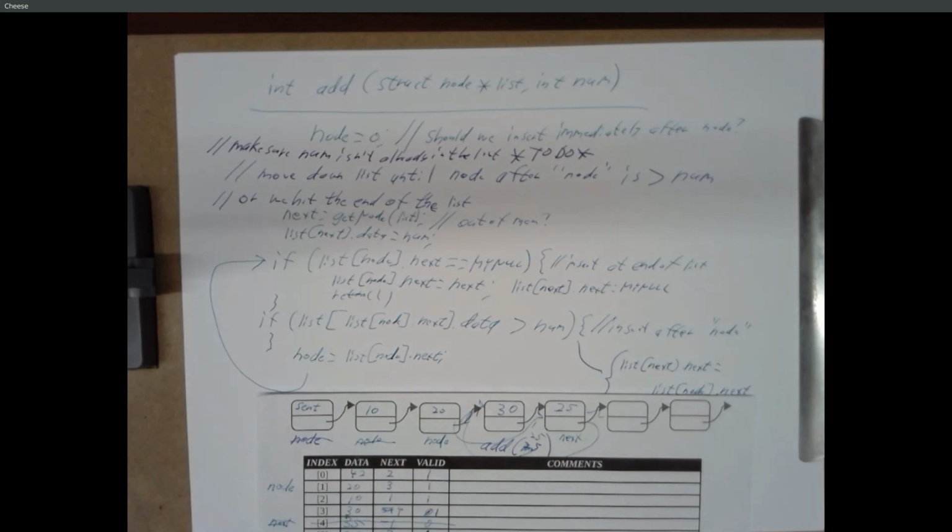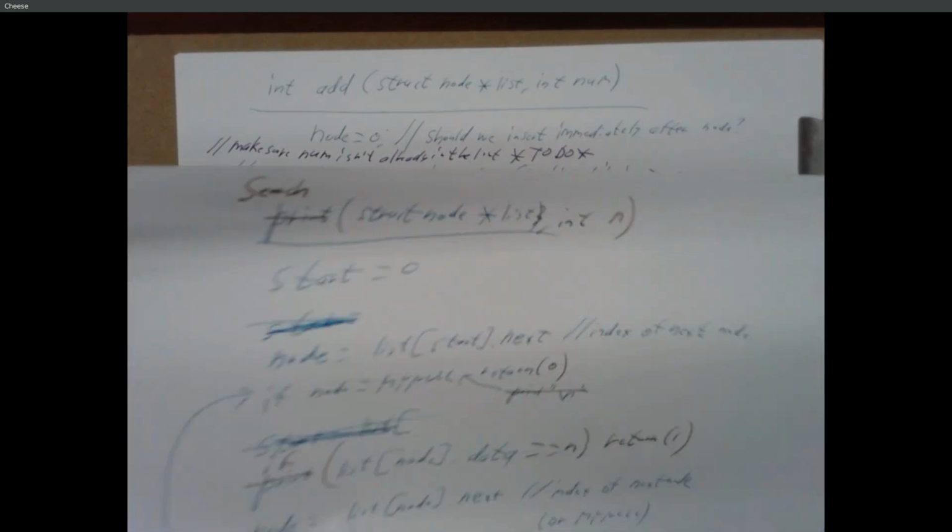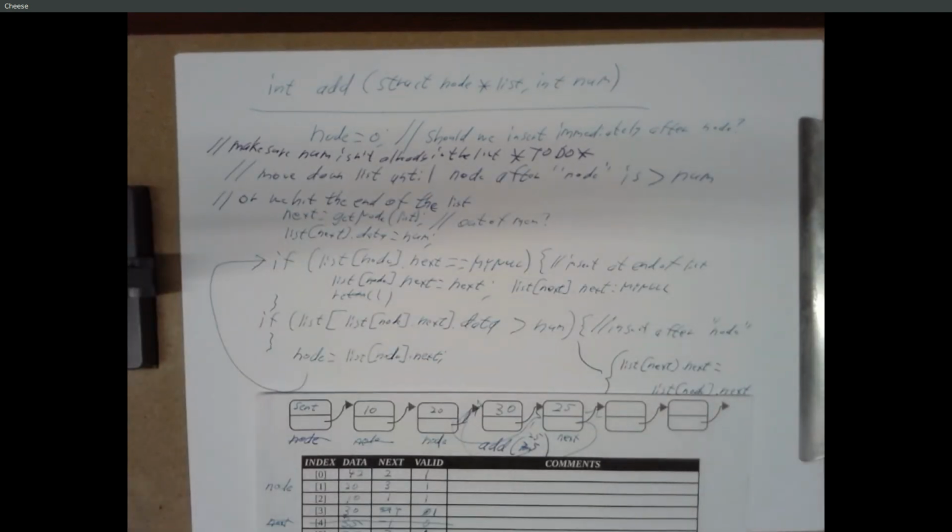And then once that works, write it up in C, do some tests. And at this point, you've already got a print function, and you've got an init function, so you can make an empty list, just make a struct node array, pass it to init, that should give you a Sentinel node pointing nowhere, and then call your add function, add a 10, call your print function, and it should print 10.